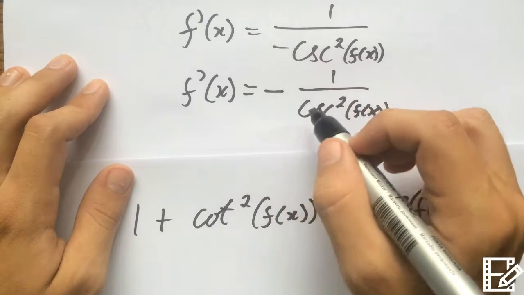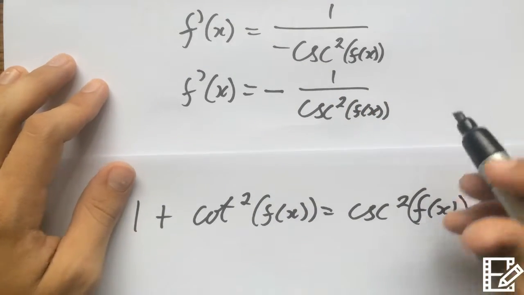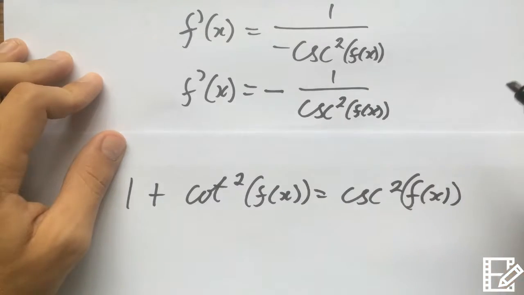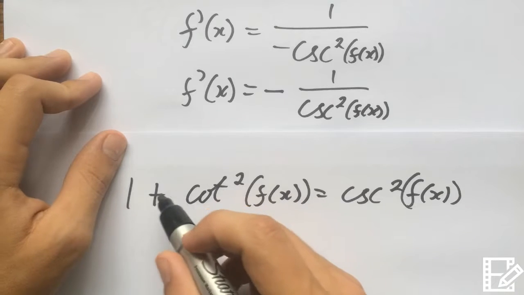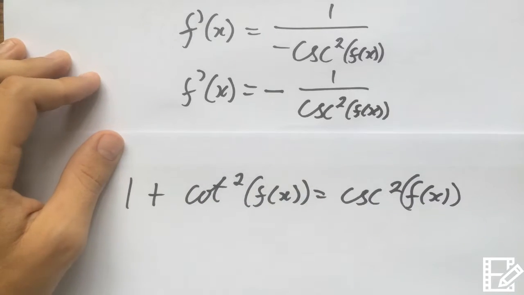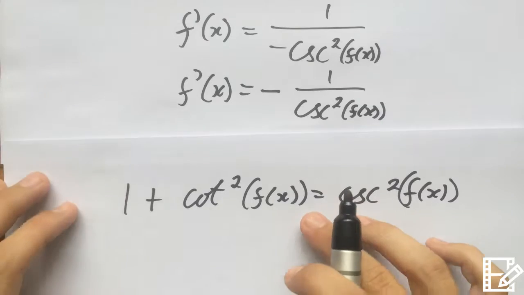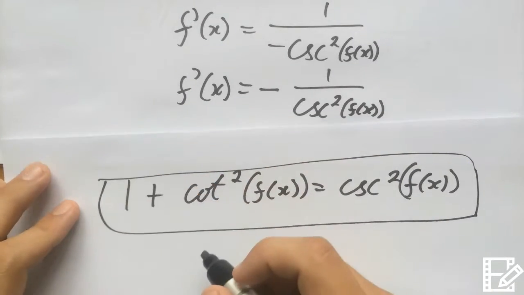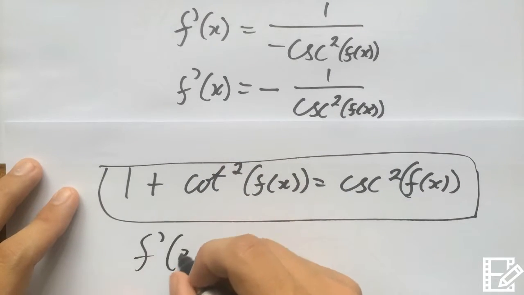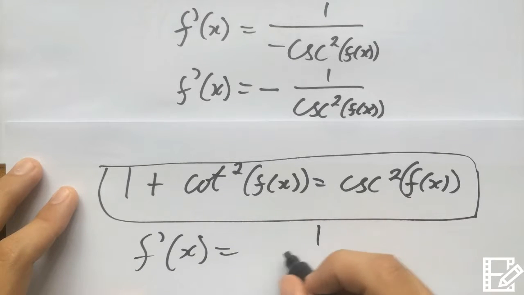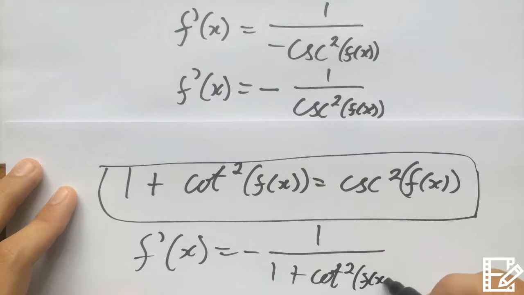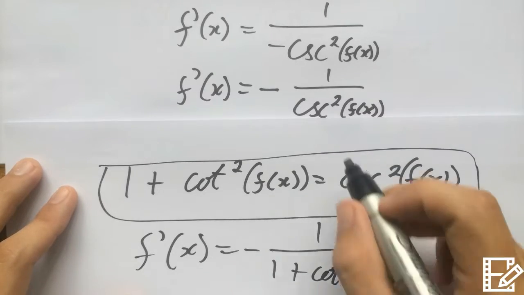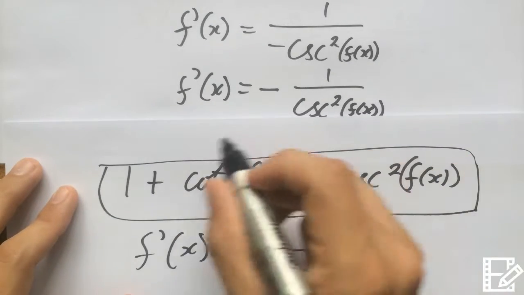So you bring the negative out the front and it's still the same thing. Okay? So now we've got cosec squared f(x), and it equals 1 plus cotangent squared f(x). So that's what I'm going to replace it with. Now, the derivative will equal negative 1 over 1 plus cotangent squared f(x), because that is the same as that, according to this.